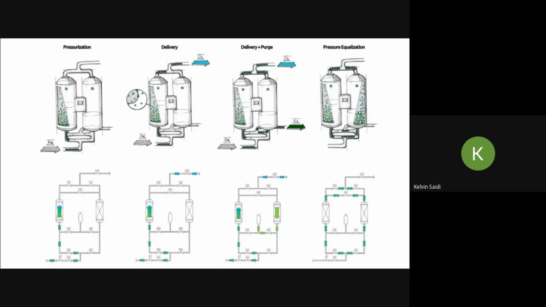Purging is an important process in the oxygen concentrator, and we should note that it is different from the depressurization process. So now I'll take you through the process of purging in various models of oxygen concentrators.